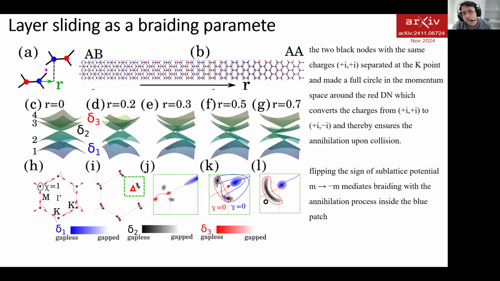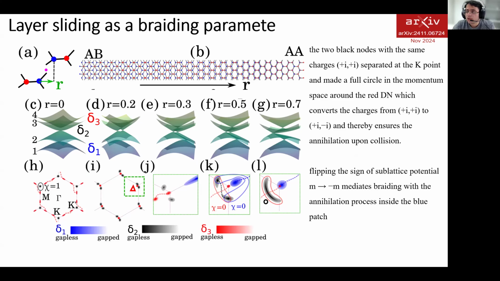If your moiré length is very, very large, then you can locally assume that momentum space is somehow restored, and you can talk about band structure for a given stacking. So we found that AA and AB stacking in such a setup can be connected smoothly, and therefore it is worth discussing how such a PT symmetric construction can give us a non-Abelian braiding procedure.